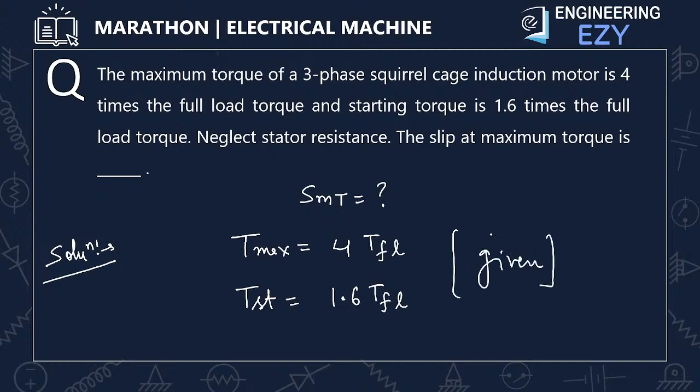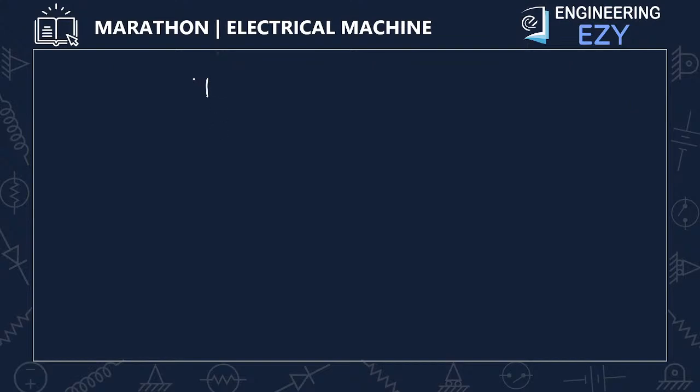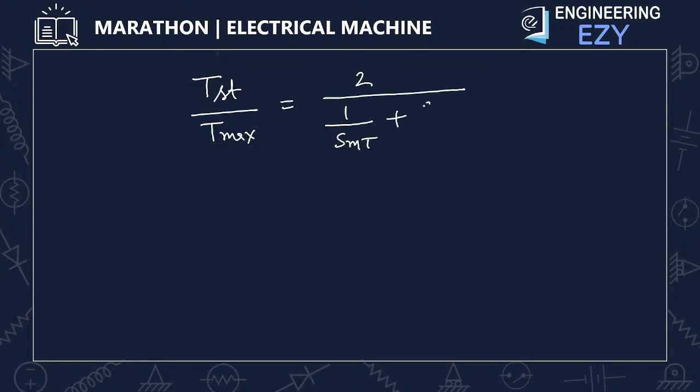Now we use the formula. The formula is TST divided by Tmax is equal to 2 upon (1 upon SMT plus SMT upon 1), because the starting slip is 1. Everyone knows the slip at starting is 1, because NR is 0 and slip is 1 at the starting.